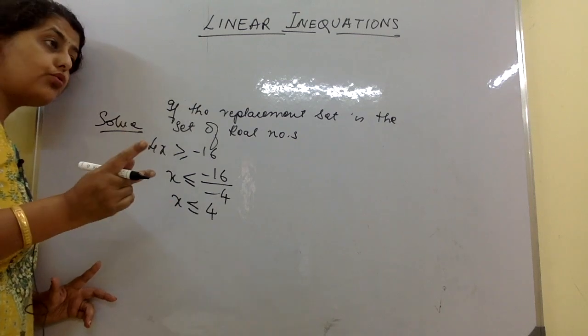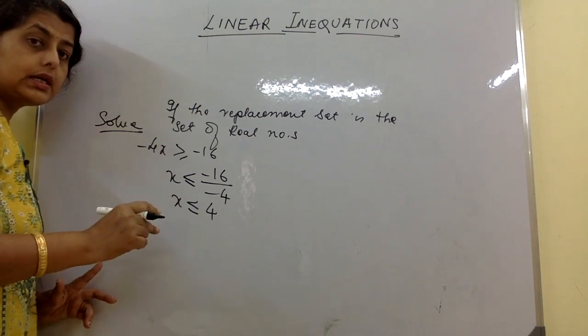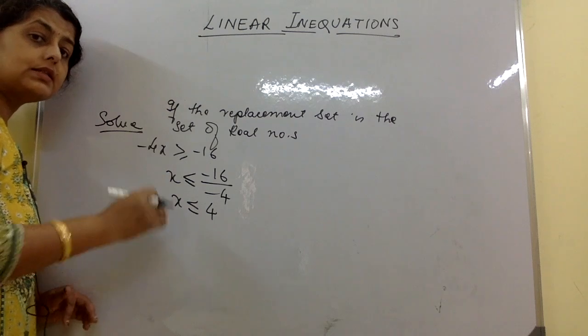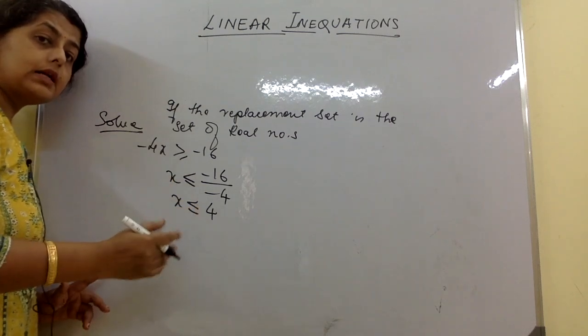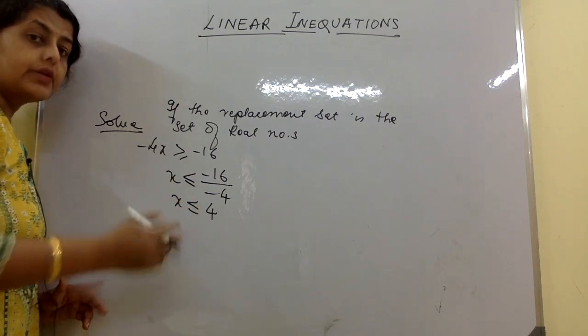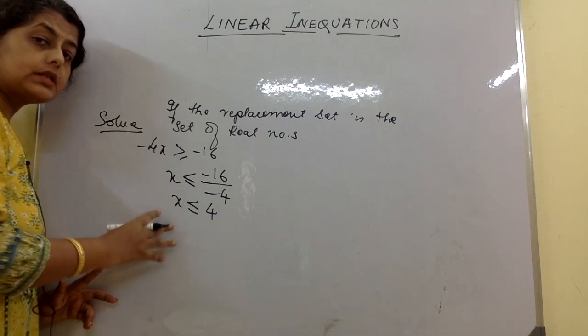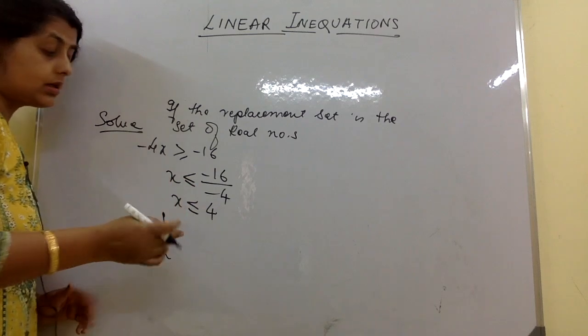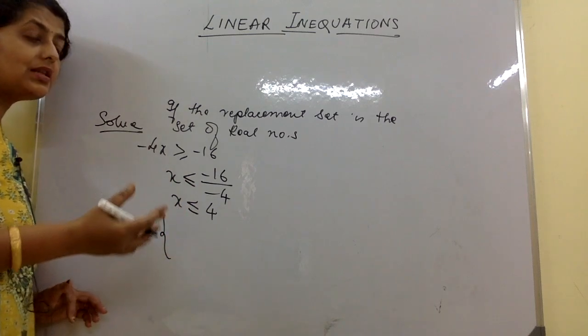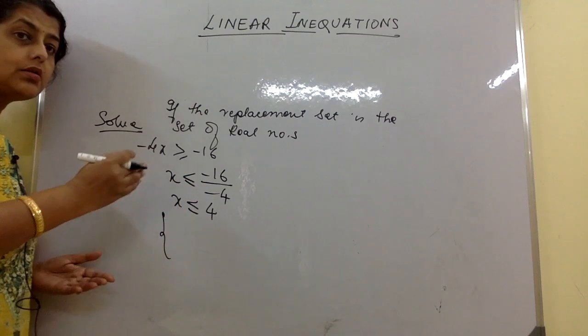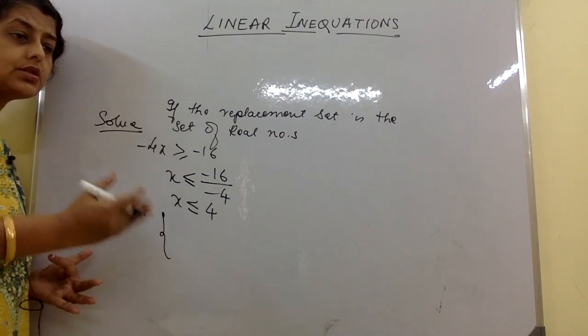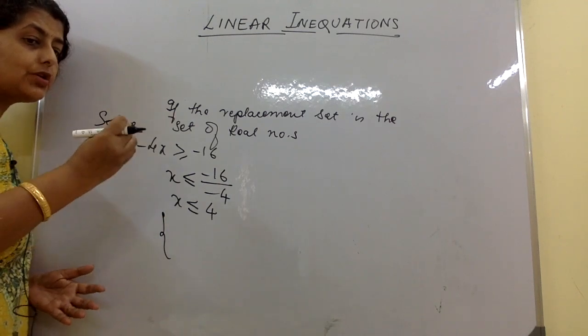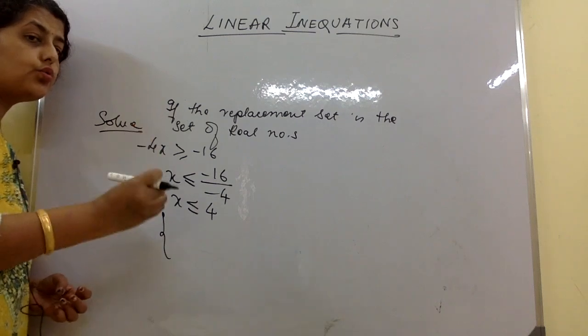There are two ways of writing solutions in this chapter. One is writing the solution set and another is the number line. Here I'll have to write the solution set, that is what they ask. So how do I write it? Real numbers are not like integers, whole numbers or natural numbers where you can take only 1, 2, 3, 4.